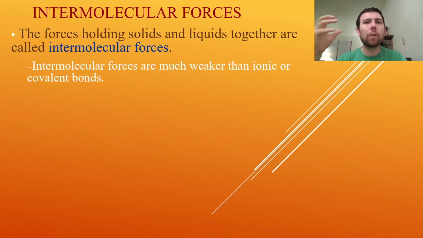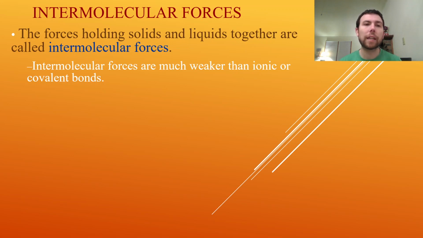Now, to put this in perspective, our intermolecular forces are much weaker than ionic or covalent bonds. And the reason for that is because we're no longer talking about interactions between individual nuclei of the atoms and how bonds are being formed.